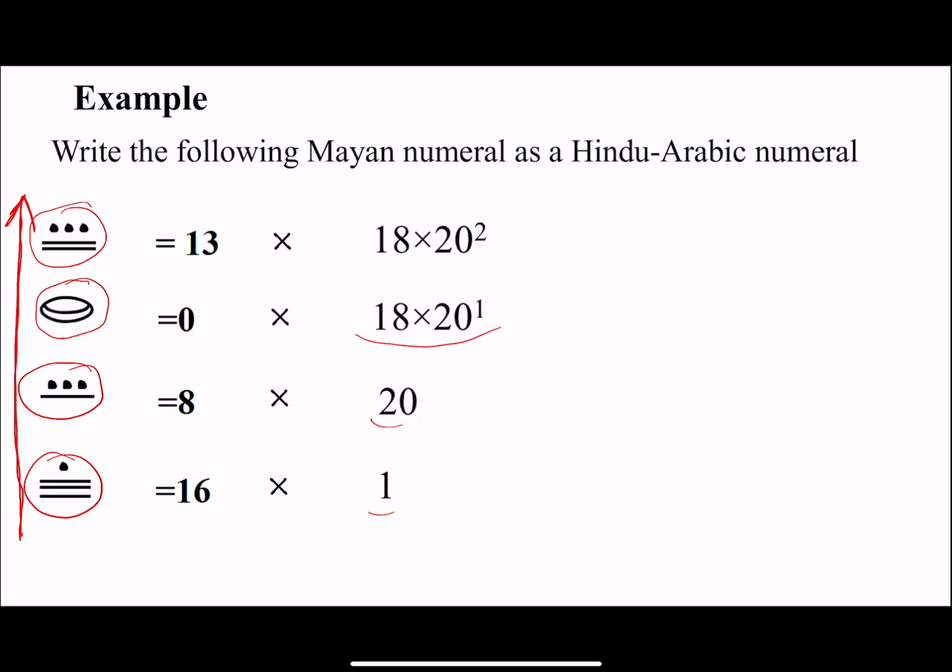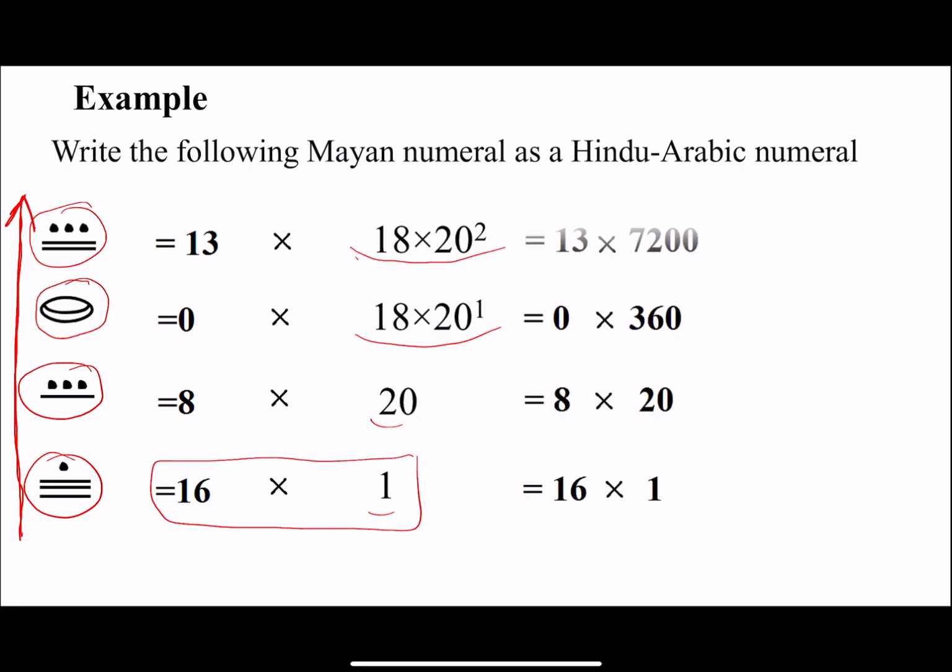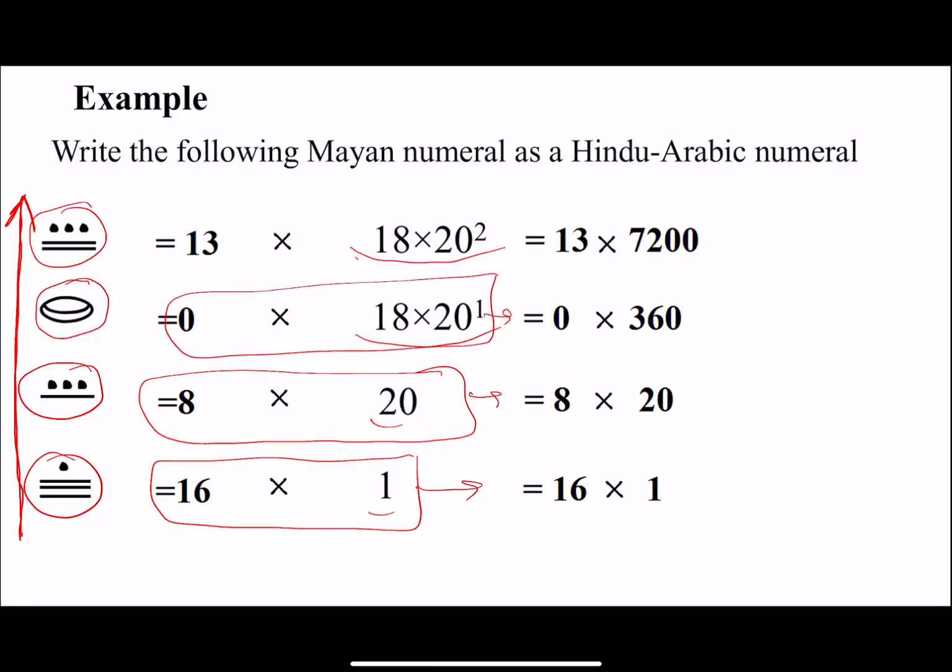And then we have 18 times 20 squared. Then we multiply each digit by its place value. 16 times 1 is 16. 8 times 20, then 0 times its place value, and 13 times 18 times 20 squared.